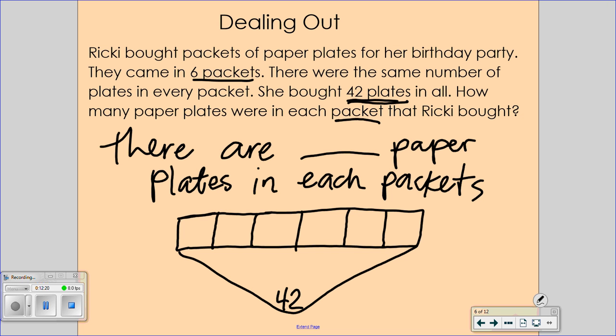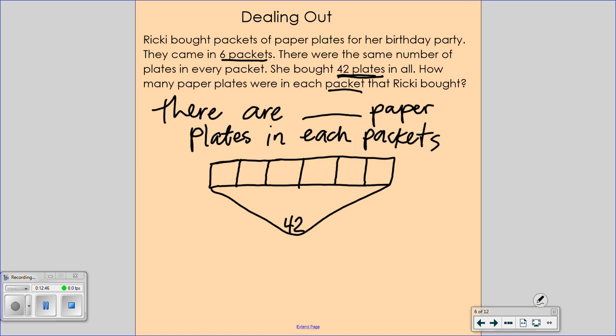Alright, now that we've gotten our bar set up, can we write a math equation to figure out what we're solving? What's my equation going to look like? What math might I use to solve this problem? Parker?